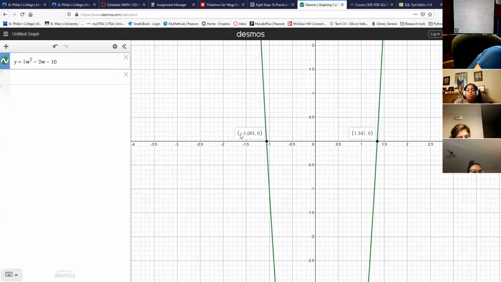So this negative 1.061 is actually the 1/7 minus square root 71/7. And this one's the plus. But of course, these programs are using approximations. So we have an exact answer. They have an approximation, which is whatever. If you plug it into your calculator, you can get those numbers too, using a scientific. But visually, this is what it means.